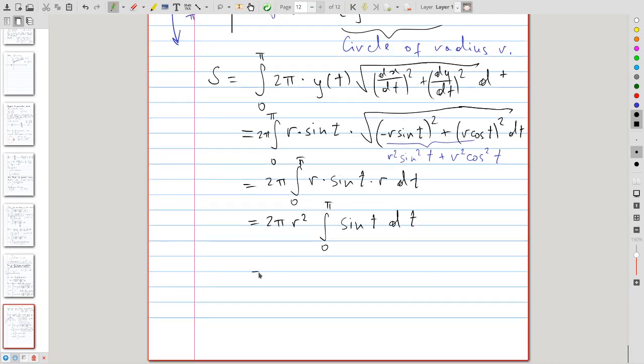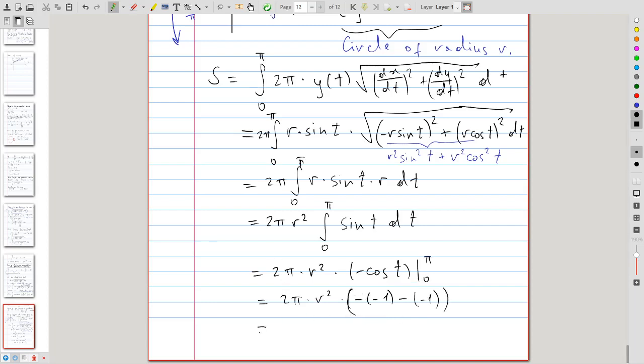And we get 2 pi times r squared times minus cosine t from 0 to pi, which results in 2 pi times r squared times minus 1, minus, and then I have to subtract minus cosine at 0, so that is minus 1 again.